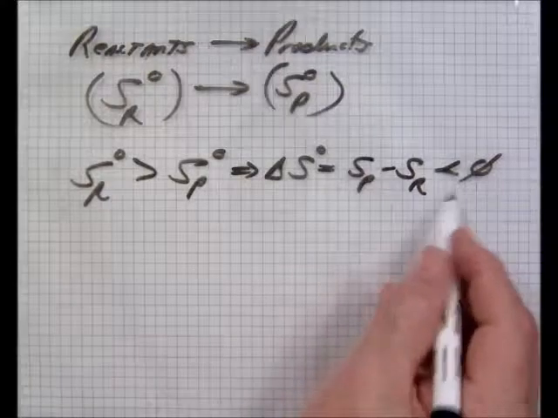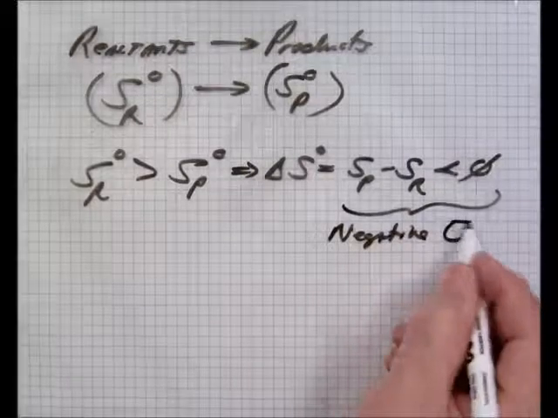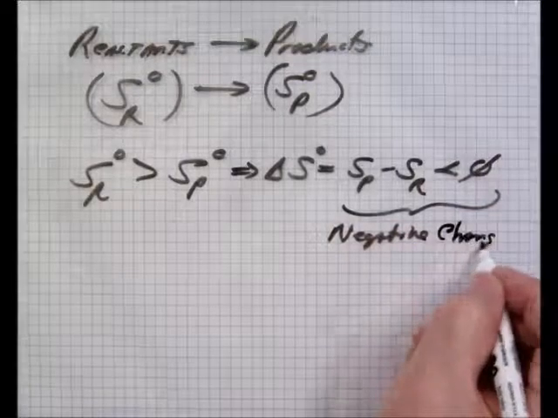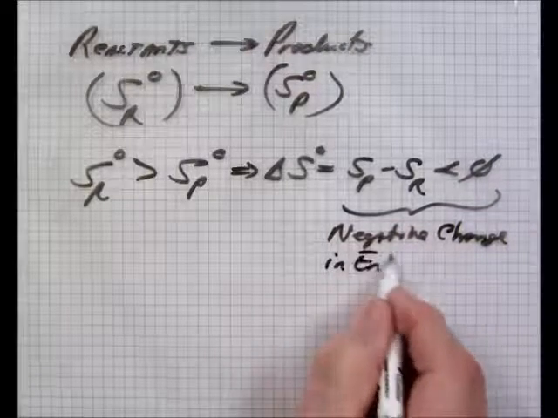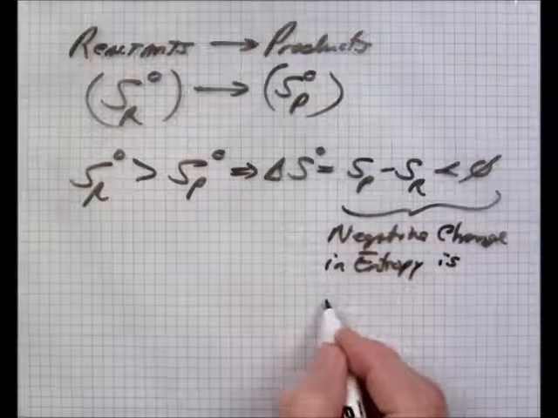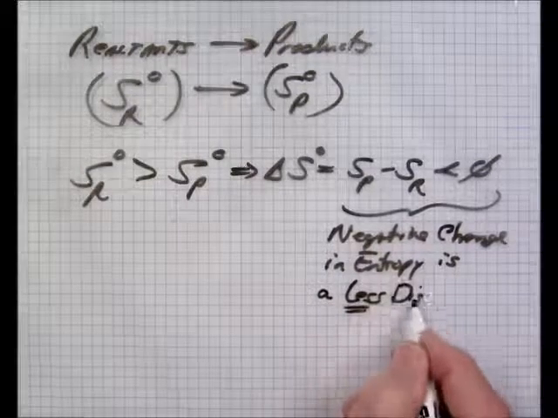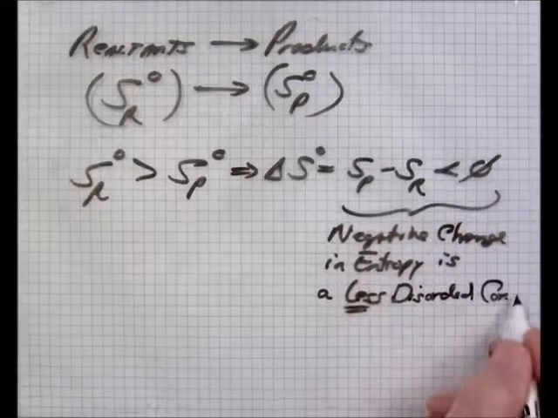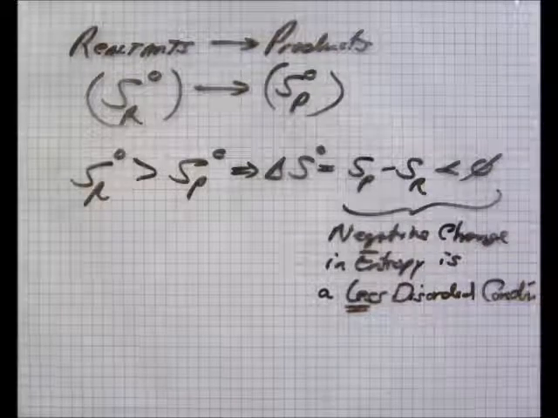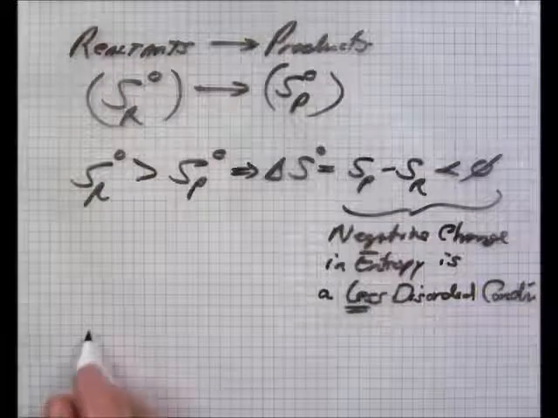Okay? And a negative entropy, or negative change in entropy, I should say, is a less disordered condition. A compression reaction is inherently going to a less disordered condition.